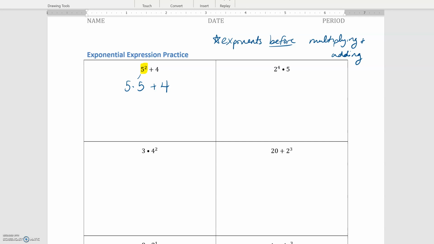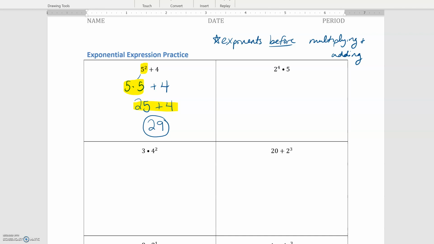And so remember that I need to evaluate this first. I know that 5 times 5 is 25. And then I can add that to 4 to get a final answer of 29. So my highlighting is showing you what steps you should prioritize in your steps to evaluate the expression.